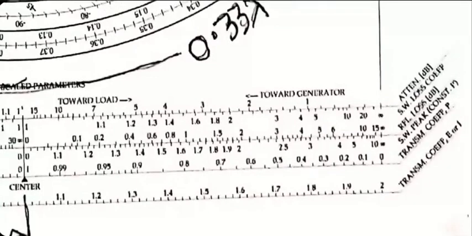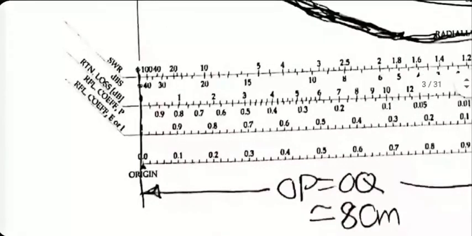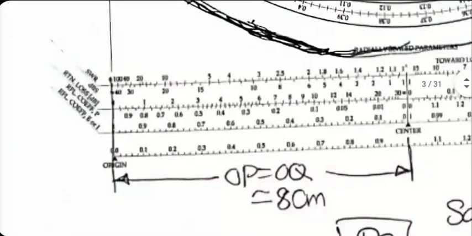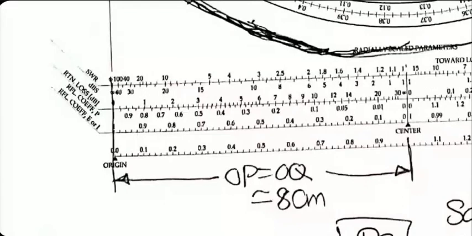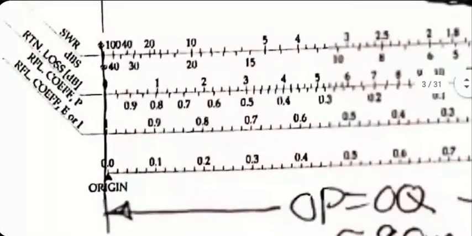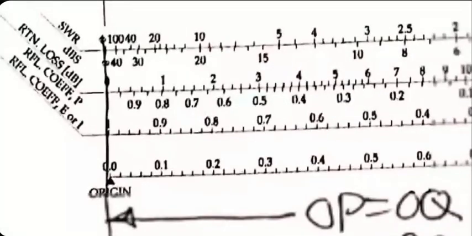Okay. So what you do is you take that entire OP length, and from the center, you mark a point which is of the same length towards the left. You will hit reflection coefficient equal to 1, right here at the leftmost point on the scale.